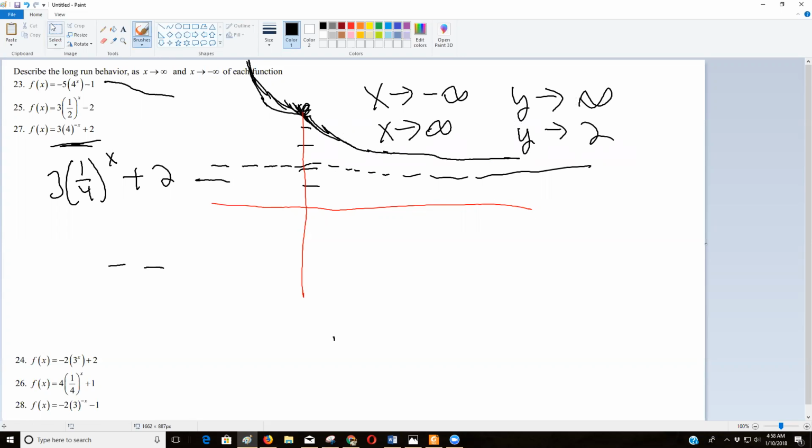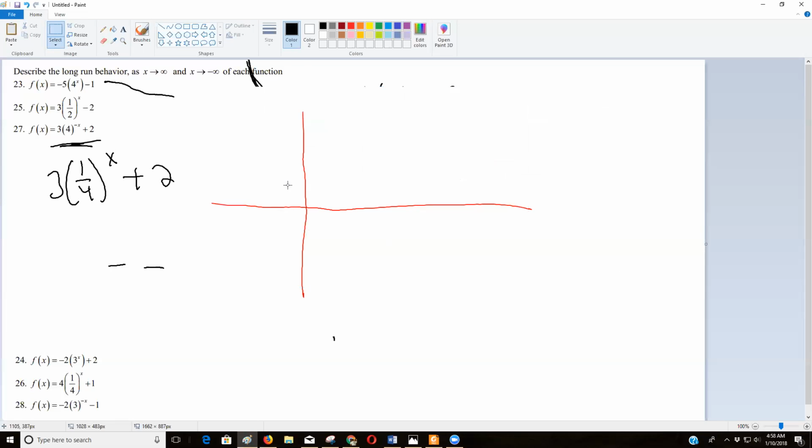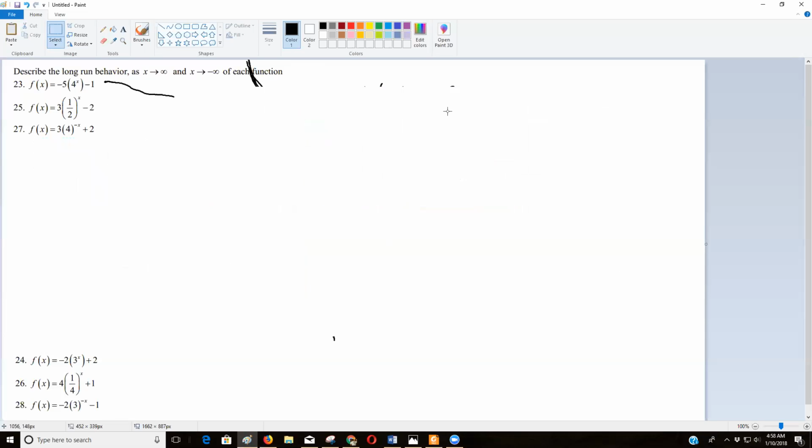So now what if I change gears a little bit and give you some information about the function? What if I tell you as x approaches negative infinity, y approaches negative infinity.